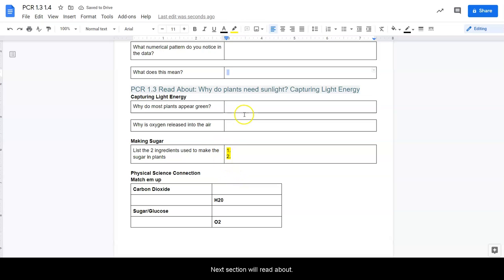The next section we'll read about is 1.3. Why do plants capture sunlight? Why do plants need sunlight, capturing light energy?